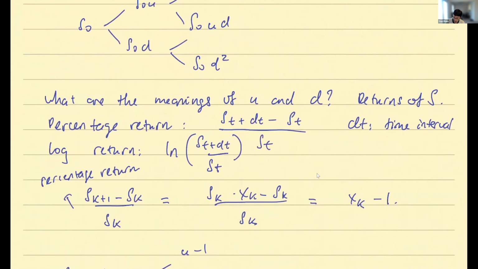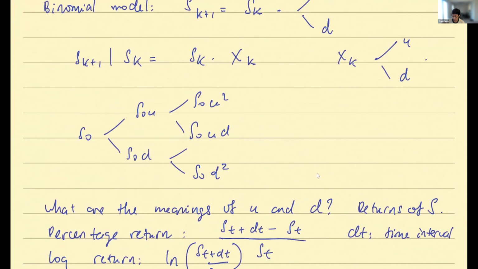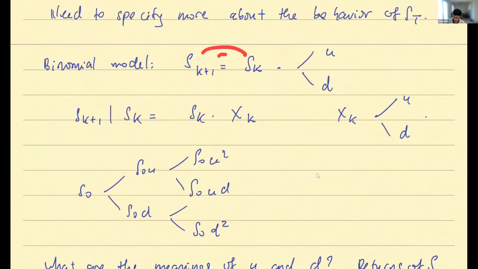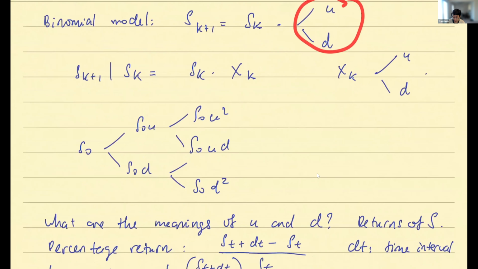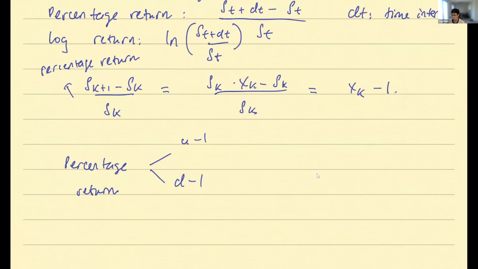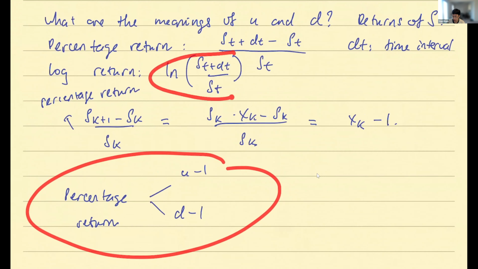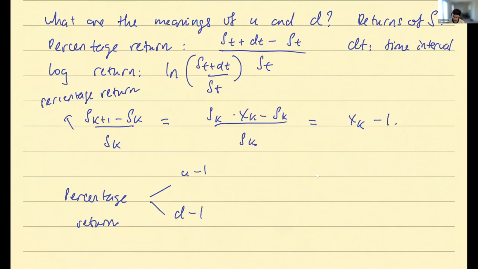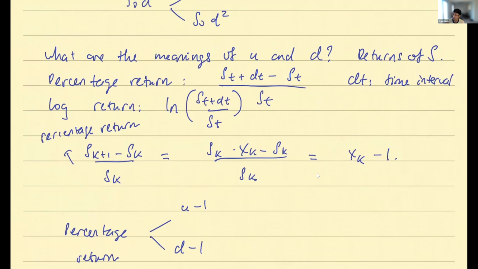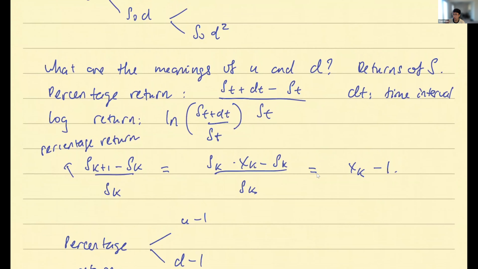When you do U and D like this, I know it's simply modeling the stock price, but as I'll explain next time, it's more subtle than that. I want you to start taking the point of view that you are modeling the returns, in particular the percentage return if you want. You can look at this as modeling the log return too, it doesn't make a difference. But fundamentally you are modeling the return, and you're not modeling the stock price per se.